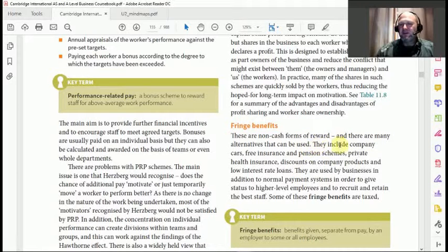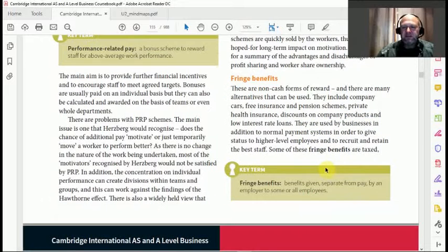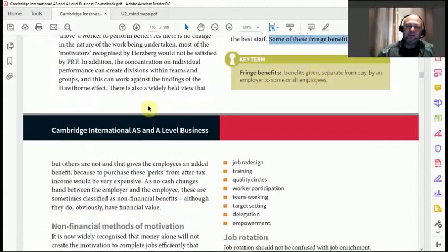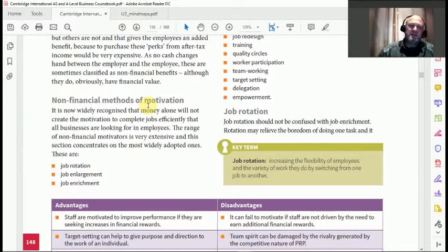They can include a company car, free insurance, a pension scheme, private health insurance, low interest rates, etc. But what deters most people from taking it is that it will be taxed as a fringe benefit, and it means you pay more tax as opposed to the basic tax.